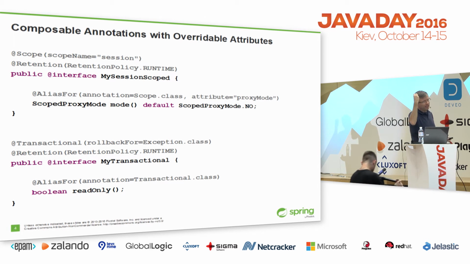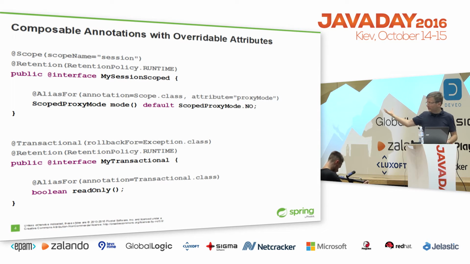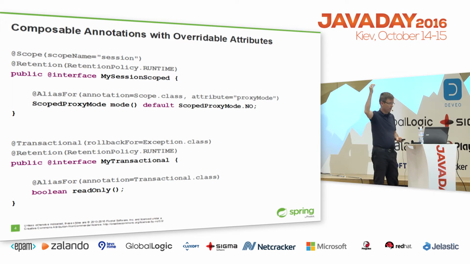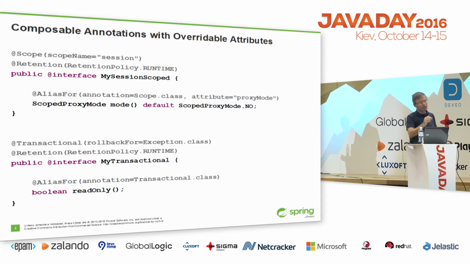Whenever you use @MySessionScoped, you can say mode equals whatever, right? And it has the same effect as if you set the proxyMode attribute on @Scope. The explicitness of @AliasFor is really nice here because it's quite readable. I mean, you can find out what the intent of this attribute declaration is.